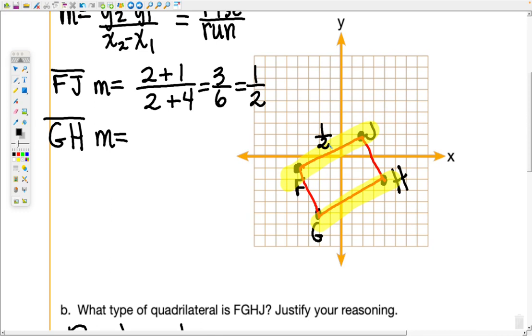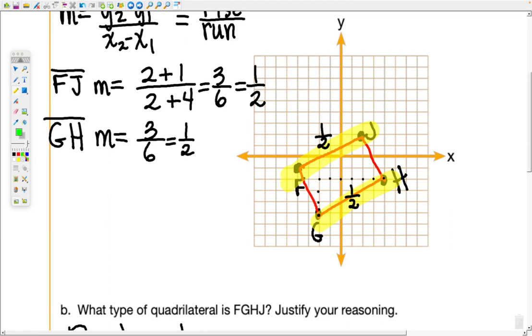So from G, I start and count up 1, 2, 3. And then I'm going to count over 1, 2, 3, 4, 5, 6. And then I simplify and I find that they have equal slopes. It's kind of crazy.